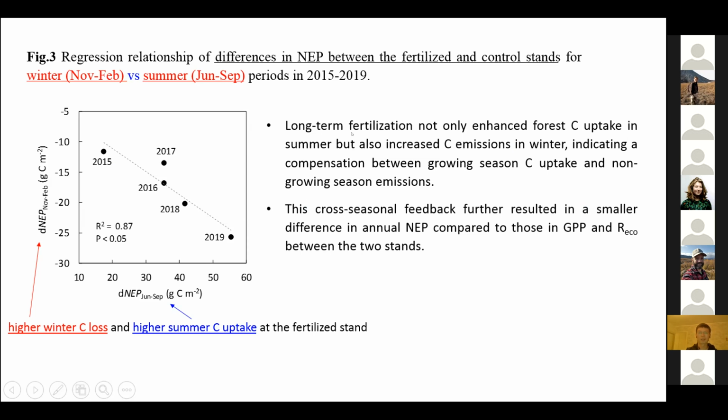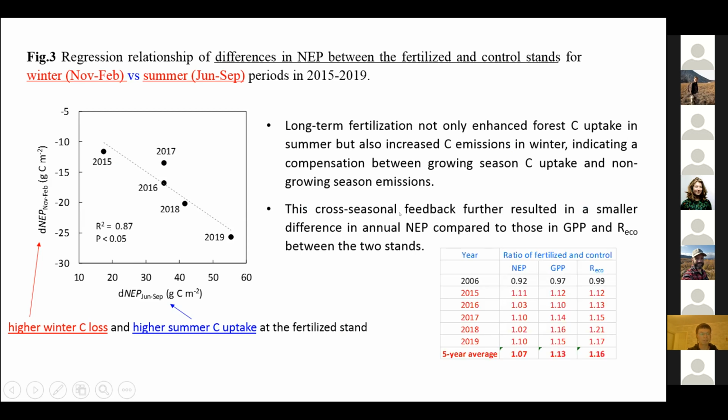Thus, we found that long-term nitrogen fertilization not only enhanced summer carbon uptake, but also increased winter loss, indicating a compensation between growing season uptake and non-growing season emissions. This cross-seasonal feedback further resulted in a smaller difference in annual NEP in 2015 to 19, compared to the bigger difference in GPP and respiration.